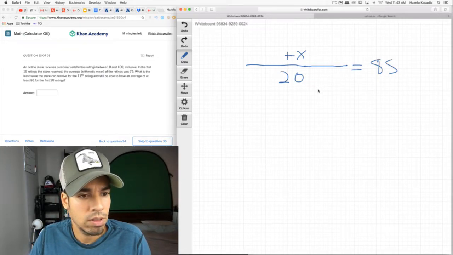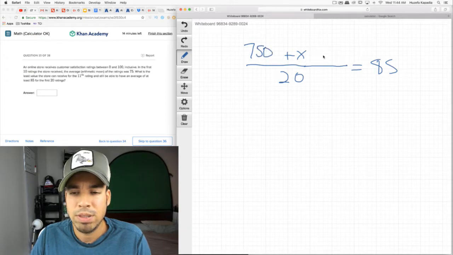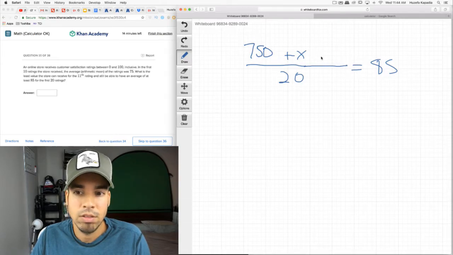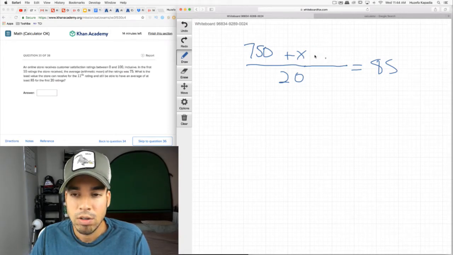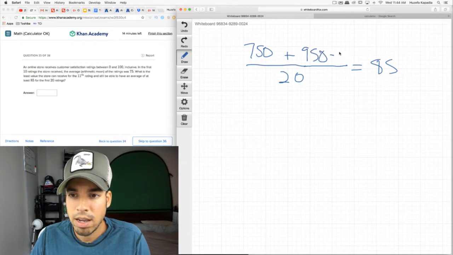So 1,700. So 750 plus x equals 1,700. So we need this total on top to be 1,700. So that means we've got 950 minus x.